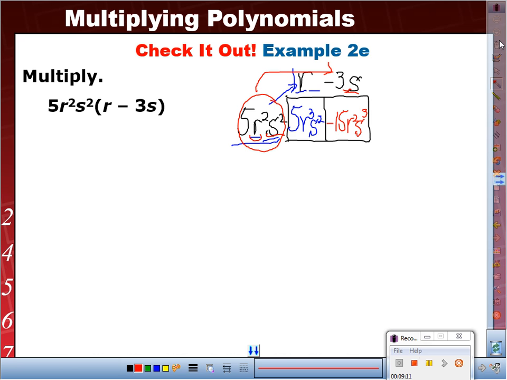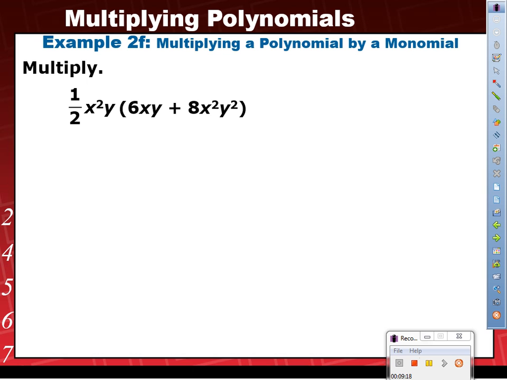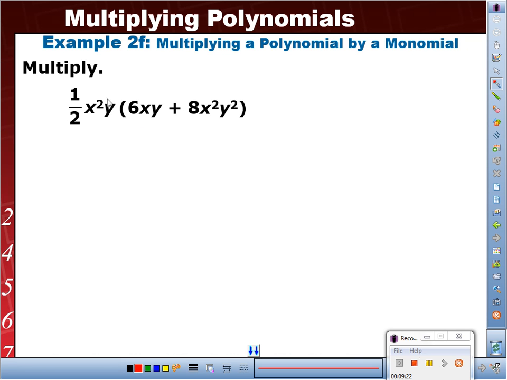Do this next one by yourself. You can choose any method you want. It says, oh, both? Okay, let's do both. Alright, both methods. It says multiply 1/2 x squared y times the quantity 6xy plus 8x squared y squared. Close parentheses, go. Both methods, you got 40 seconds.